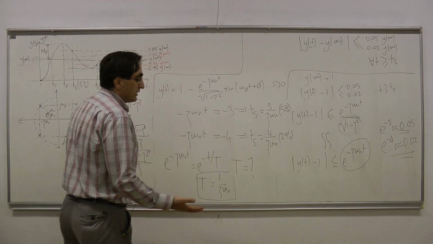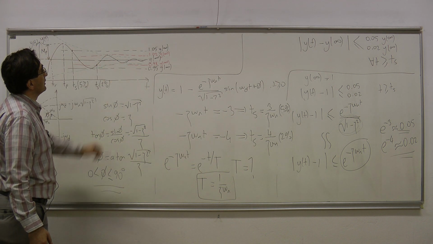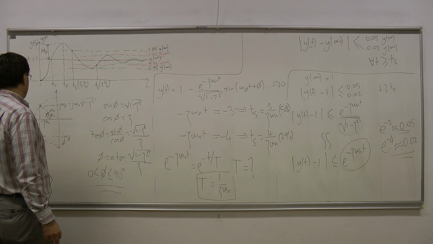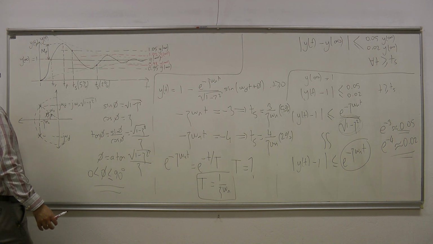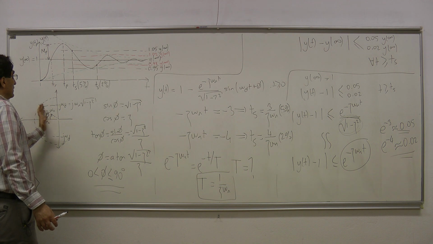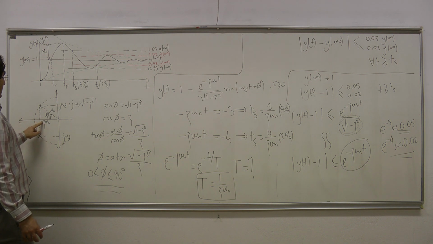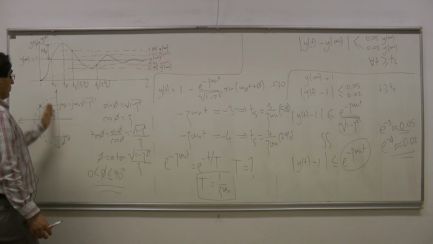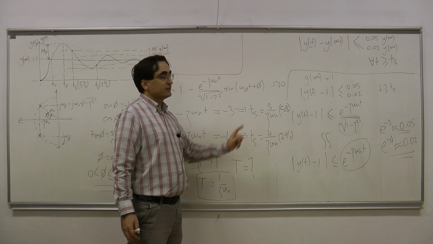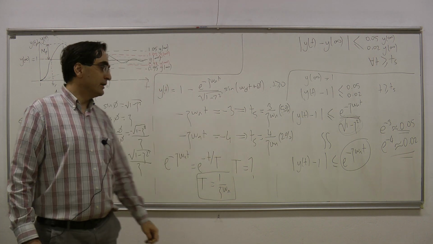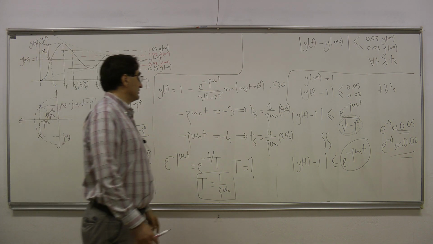That means that the response is going to settle faster to the final value. If the poles are further away from the imaginary axis, we're going to have fast convergence. If the poles are close to the imaginary axis, we're going to have slow convergence. Because if psi omega n is small, then the poles are close to the imaginary axis, and settling times would be very, very large. In that case, we are going to have a very slow convergence to the desired value.